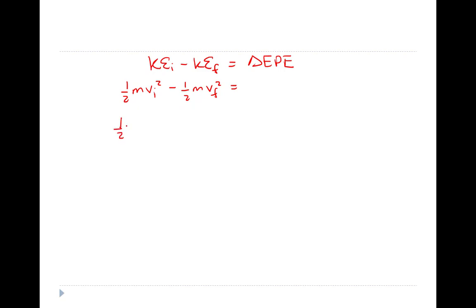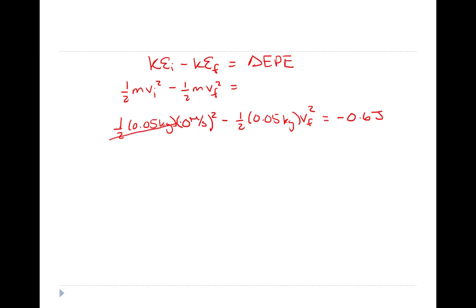I can now plug in my numbers there. The mass was given as 0.05 kilograms. We were told it's released from rest. And here is the speed it is moving when it finished crossing the 10 centimeters. And that has to equal the negative 0.6 joules that I calculated earlier.